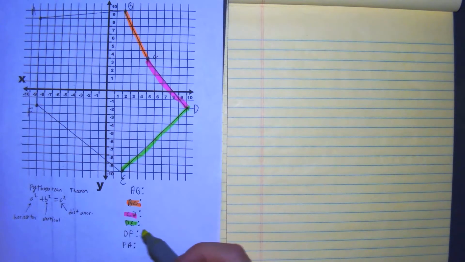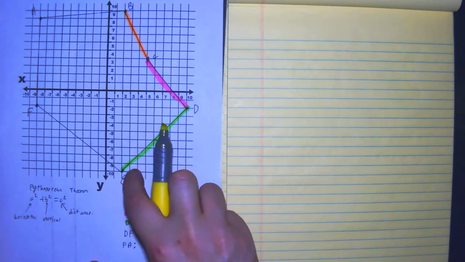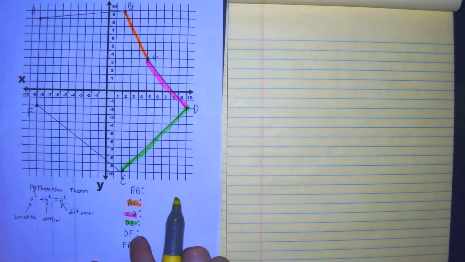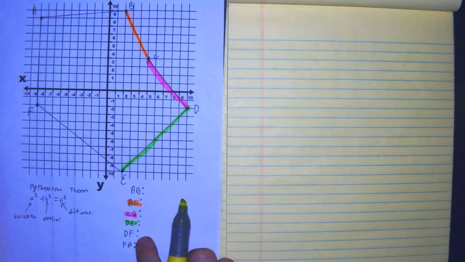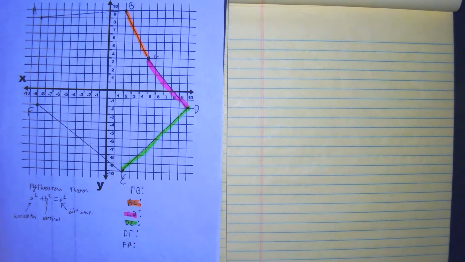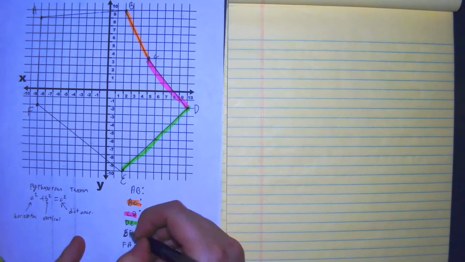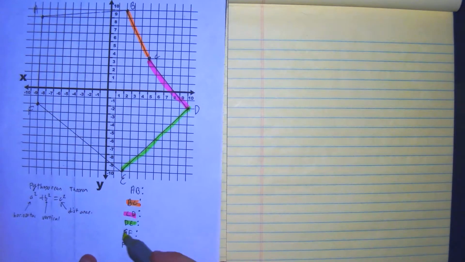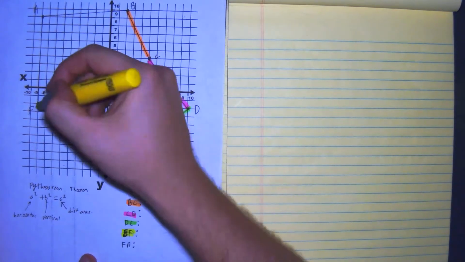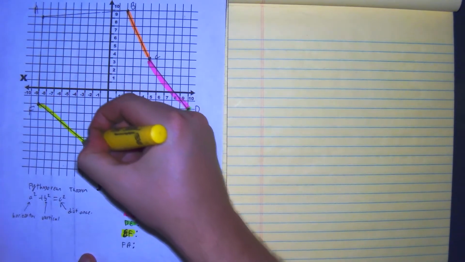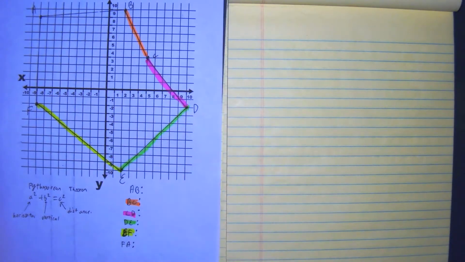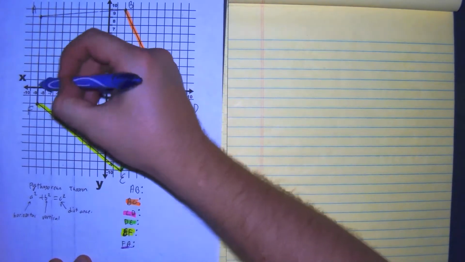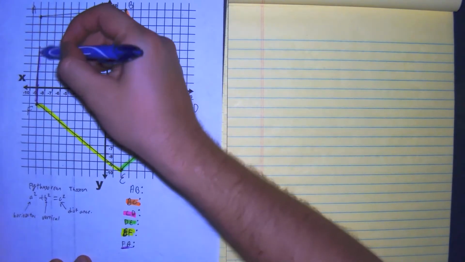Did I forget EF? I forgot EF. That's supposed to be EF. The highlighting will help you guys see that. And then we need to find FA, which I'm just going to underline with this purple and highlight like that.